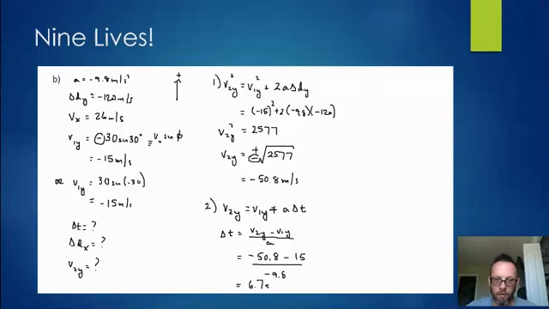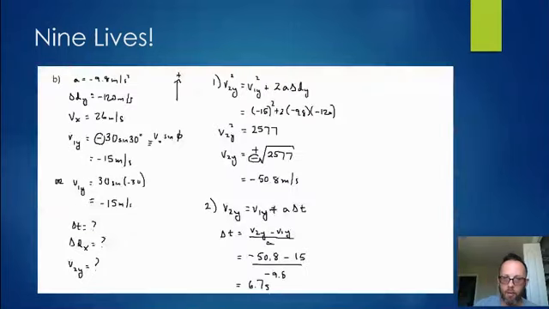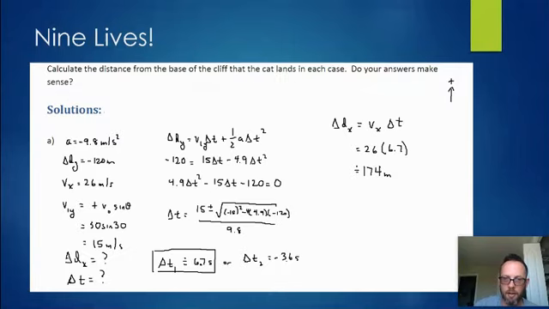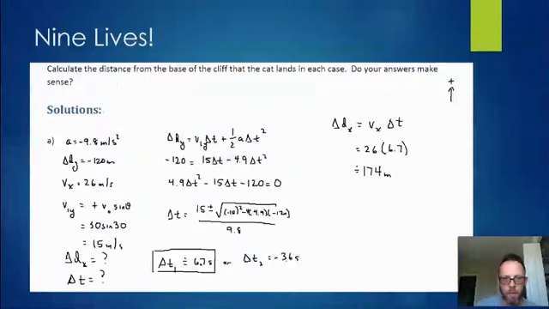I got 6.7 seconds. Okay, I'm just going to double check because it does seem weird that we got 6.7 seconds. It should take less time to reach the ground. So I'm just going to double check my work from the previous question.